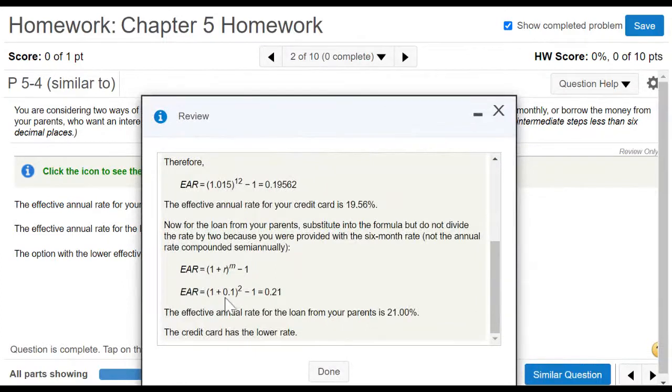So I'm doing 1 plus 10%, the exponent of 2, minus 1, which is 21%. That's the formula for the EAR for semi-annual, because there are 2 semi-annual periods in 1 year, 6 months and then 6 months.